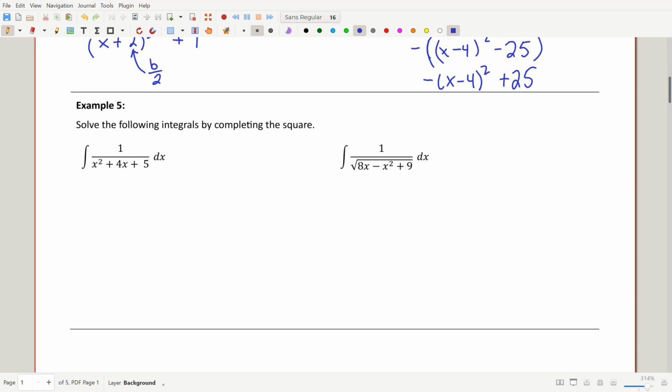All right. So now let's solve some integrals by completing the square. 1 over x squared plus 4x plus 5. We know from above, because this is the same one as before, that this is equivalent to 1 over x plus 2 squared plus 1, and then dx, because we completed the square above.